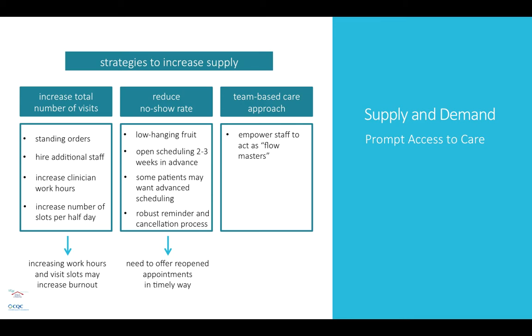Finally, other team members could add significant capacity to a practice. For example, research shows that nurses or pharmacists may be as effective as a physician in titrating blood pressure medications until patients reach their goal. Physical therapists may act as effective care for patients with uncomplicated low back, knee, or shoulder pain.